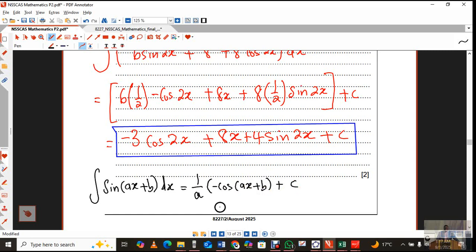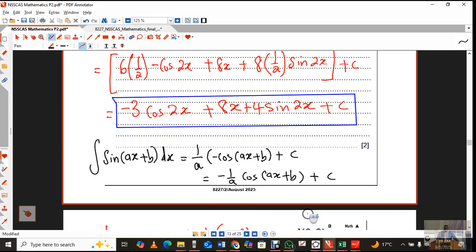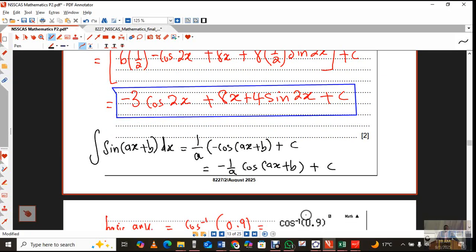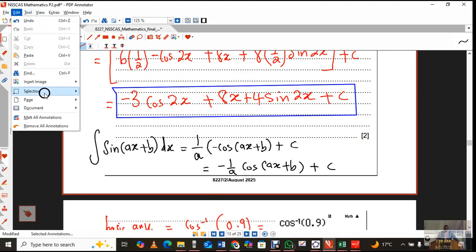Obviously you can also have minus 1 over a cos of ax plus b plus c, constant of integration, right? You should know these things, okay? Another one, perhaps, that I can add over here, if I have to write them all down.